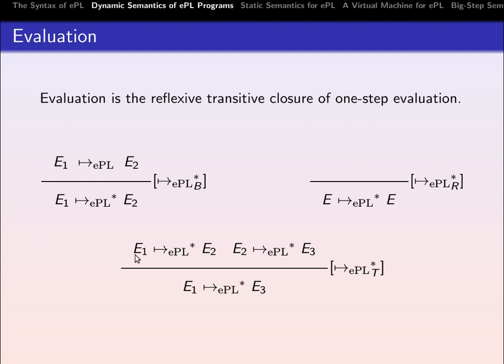Then if E1 evaluates to E2, right? So this is the path aspect in the graph. If E1 evaluates to E2 and E2 evaluates to E3, then E1 evaluates to E3. All right, and then E evaluates to itself always, without any premise, right? Why is the self-evaluation important?